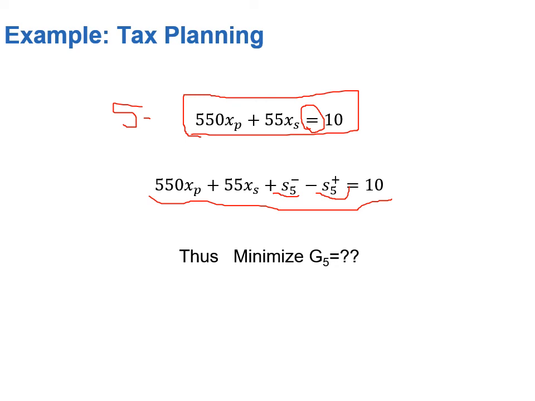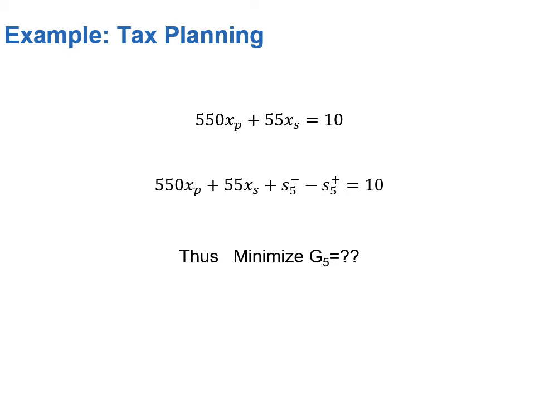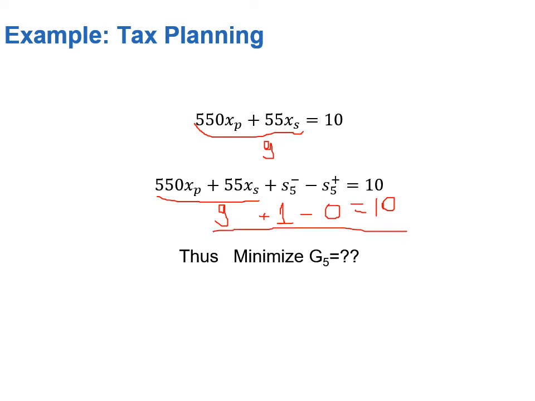Okay, then what should I write as my goal? Let's consider each case and try to understand what happens. Let's assume that this part over here is 9 units. Okay, so it means that this part here is 9 units. In order to satisfy this as equality as 10, it means that this negative deviational variable should be 1 and the positive deviation should be 0, so that the equality is satisfied.